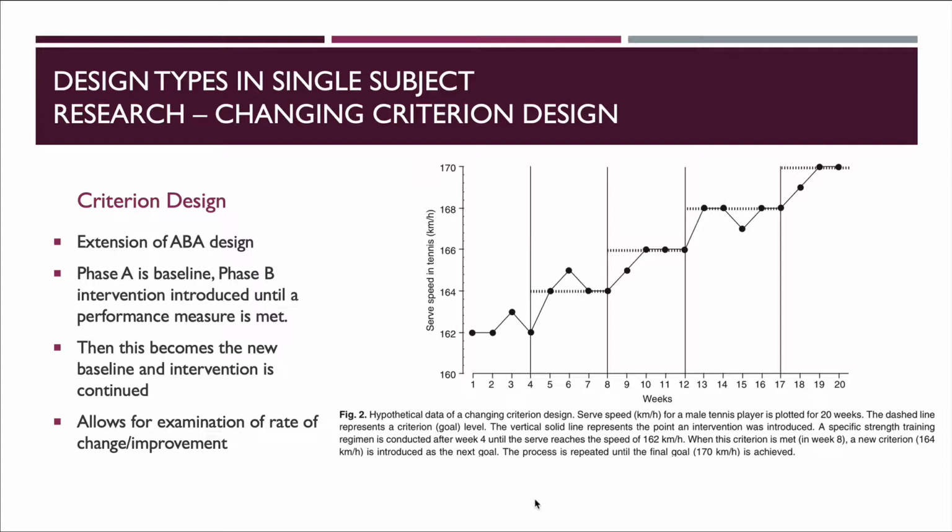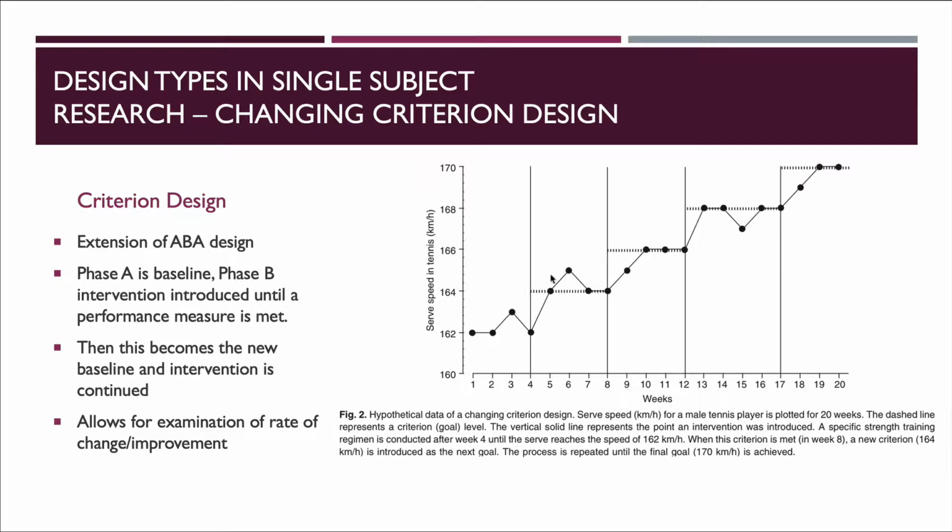So it's sort of an extension of an ABA design, where phase A is a baseline measurement, and phase B is where we do an intervention until a performance measure is met. What that allows us to do is continually enhance and increase the challenge of an intervention after we meet a certain goal. Maybe first you want to increase serve speed by 2 miles per hour, and once they do, you increase or change the intervention.